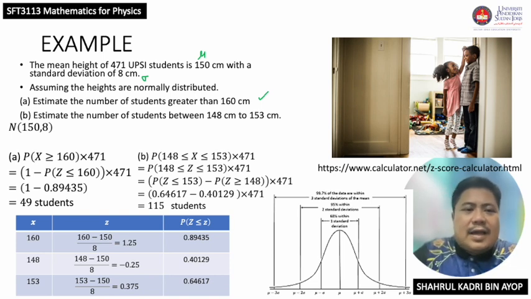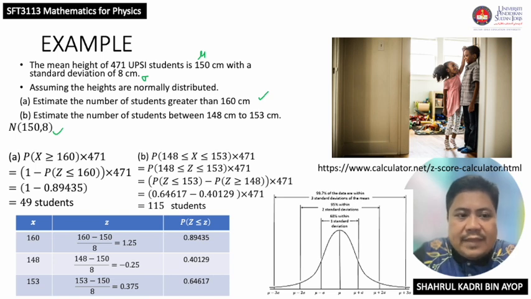So here, the distribution is a normal distribution. So what we can do is use the Z table, or Z value, from the standardized normal distribution. What we want to calculate is, for a height higher than 160, what is the probability of that, and multiply by the number of students.